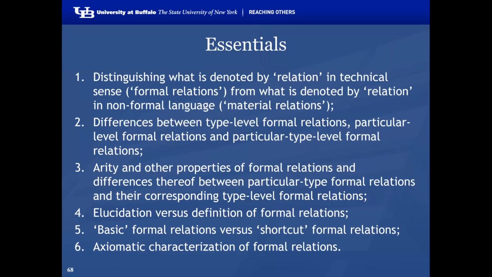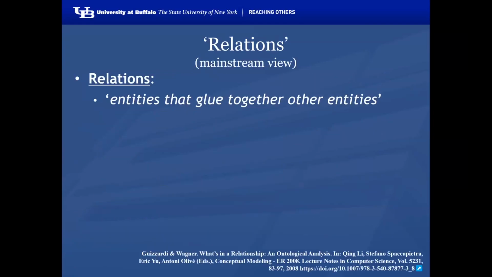This is obvious, of course, when we recognize the major distinction between types and particulars, there needs to be a relationship between them. And we saw already one, which is the instance of relationship, right? The arity and properties of formal relations is something that you need to take into account. Elucidation versus definition. Basic formal relations versus shortcut. And then the axiomatic characterization. And we will discuss them one by one.